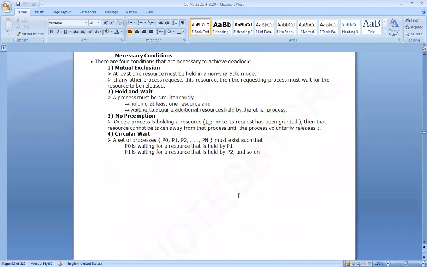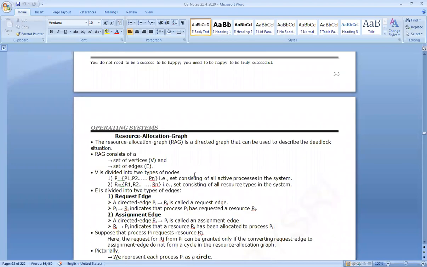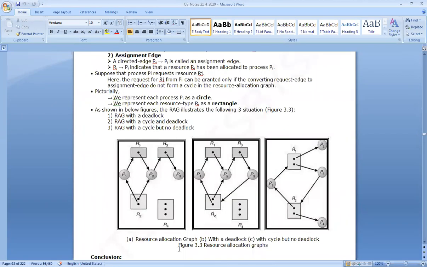Then we studied the resource allocation graph. What does resource allocation graph mean? We studied three different graphs in the resource allocation graph, where we have resources like R1, R2, R3, and R4.